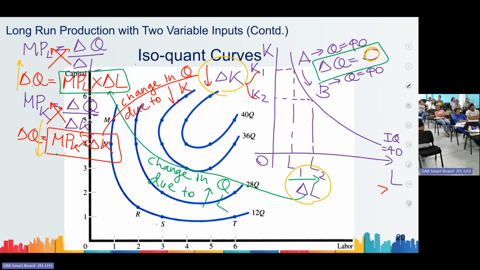Increase, decrease, and then they cancel out, and the net effect will be 0. These two values should be the same. Then only the net effect on output will be 0. So let's equate these two.